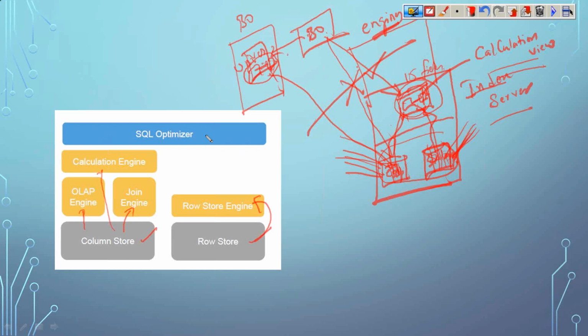So in the previous versions of SAP HANA, we had three types of models. One is your attribute view. Second is analytical view. And third is your calculation view.